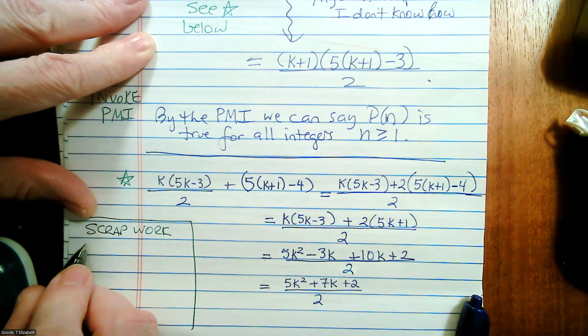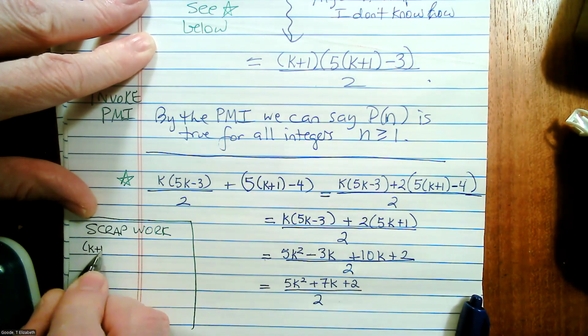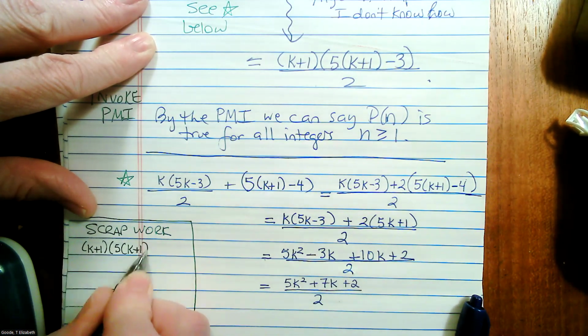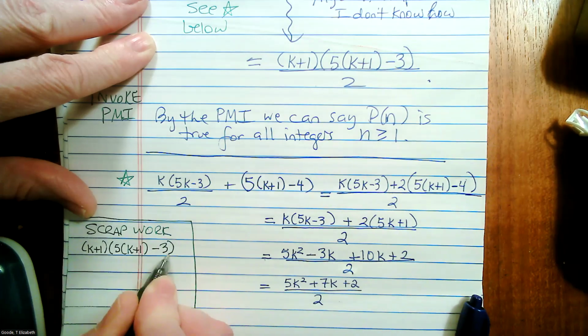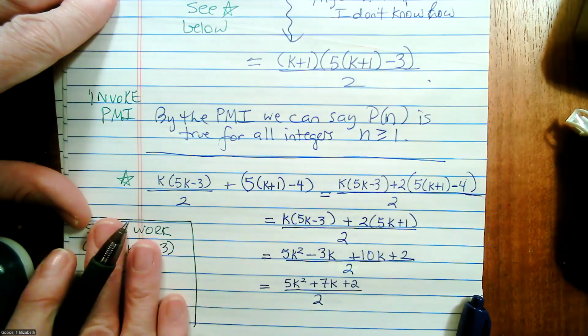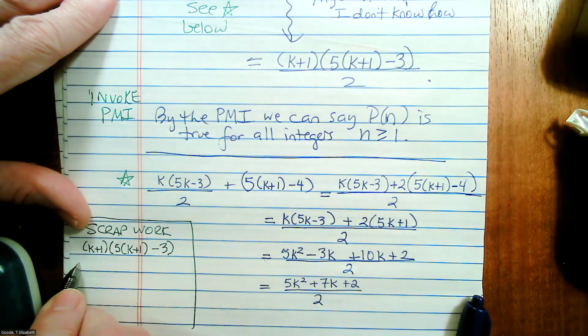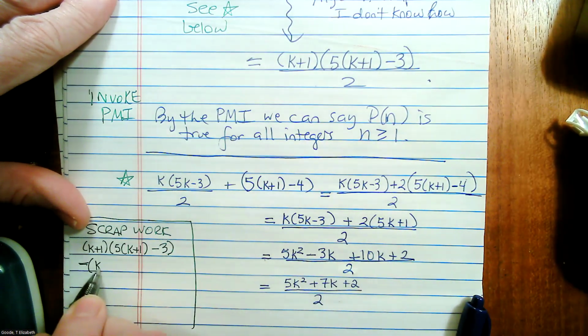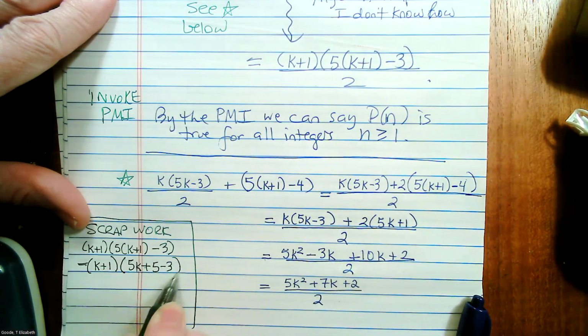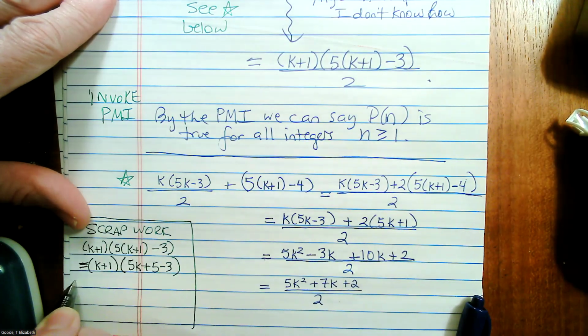If I've got (k+1) times the big thing, 5(k+1) minus 3 as the numerator. Then do the numerator here over the side, not in here. Yeah. Then I can simplify the bit inside and say it's 5k+5 minus 3. Keep the (k+1) the same. Then I can simplify that to 5k+2.